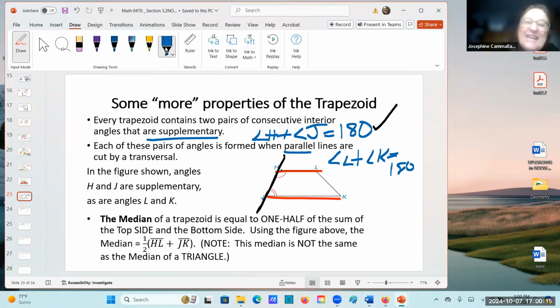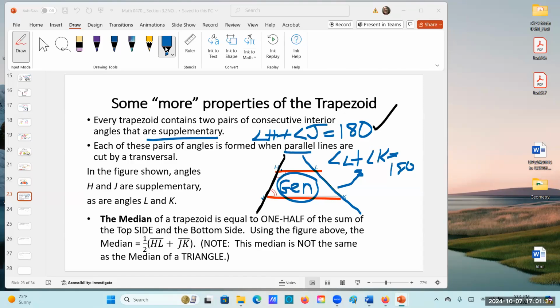They add to 180. Now, L and K are going to add to 180. But this is a general trapezoid. Okay, isosceles, H and L will be equal. J and K will be equal. But this is for a general trapezoid.